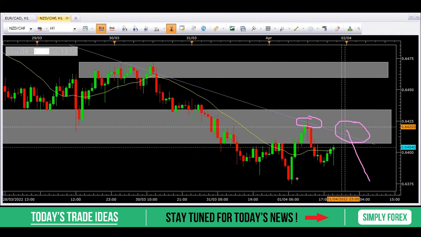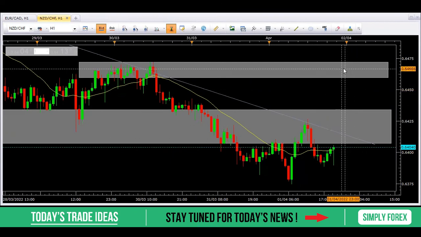And then first of all, we'll take 80% of the trade off at this low here, always our first target, and then we'll leave 20% to run down to our higher time frame target. Price also could retrace up into this grey zone, but again the same: bearish candlestick pattern, enter the trade, take price back down to these lows here, and then leave 20% to run. Okay guys, so New Zealand dollar against the Swiss franc, we're still looking to short this market as well.